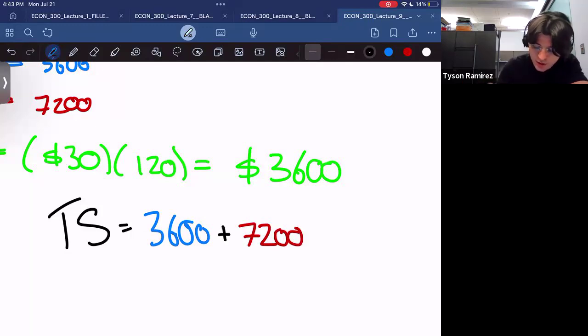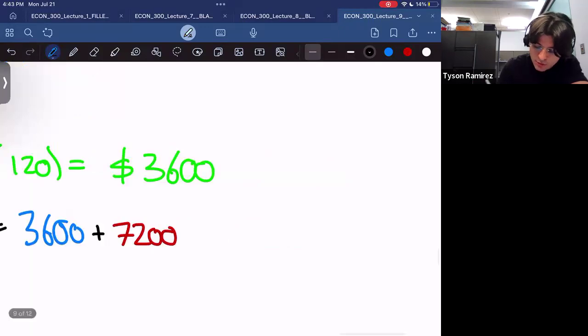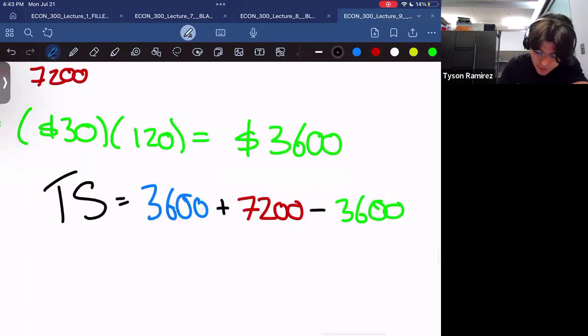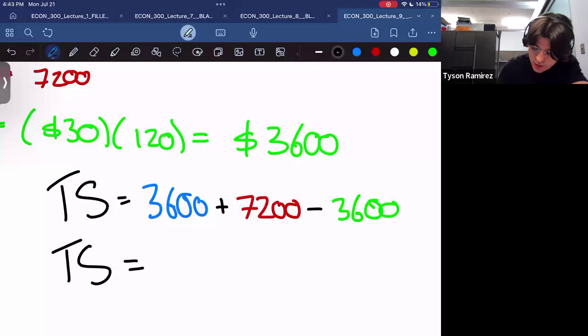We add those two things together, but then we must subtract the tax expenditure, because somebody's paying for this. So what is the total surplus now? Those things will cancel, and the total surplus is simply 7,200.